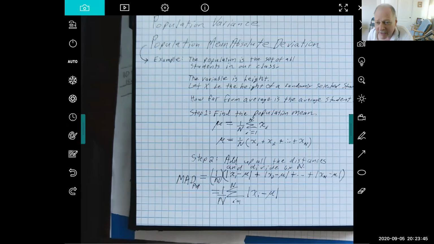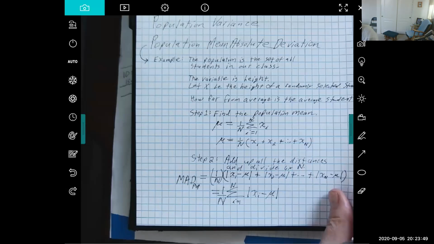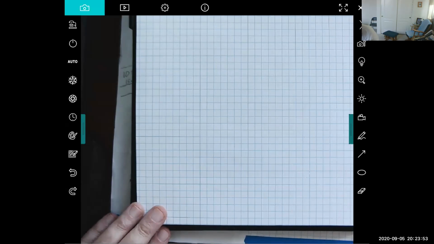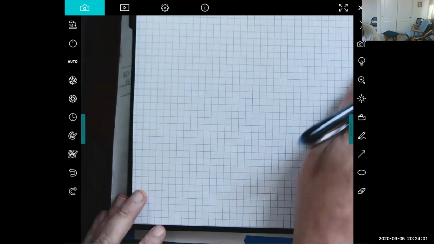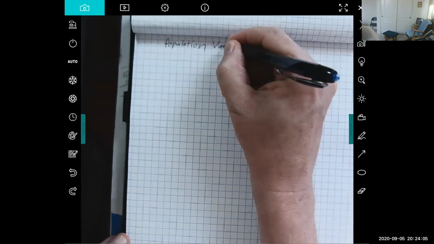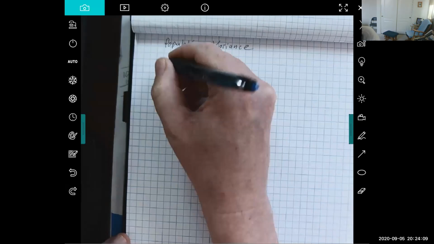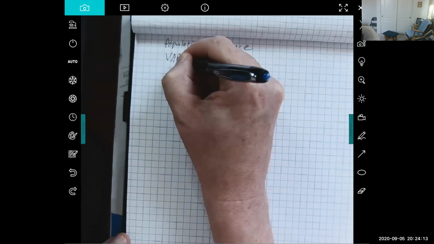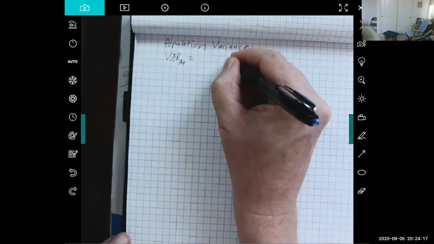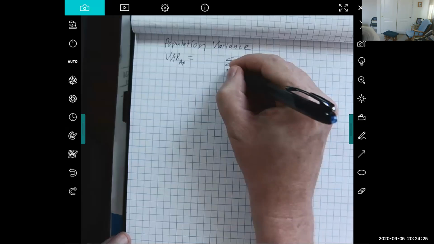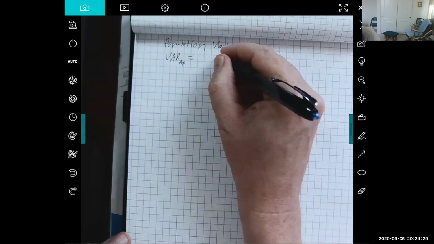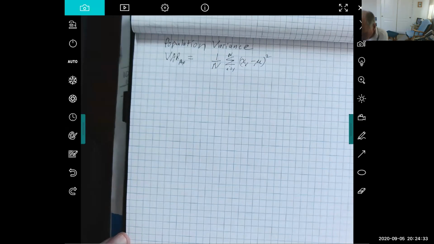So our population variance is real easy to write down. I'm adding up the squares of the distances from the average and dividing by how many of them there are. The average squared.